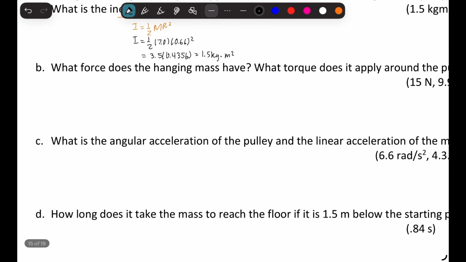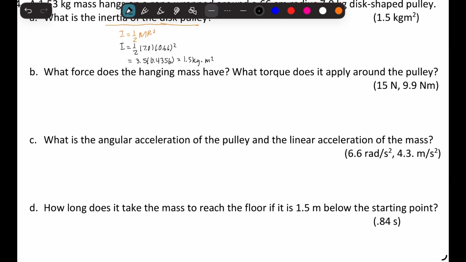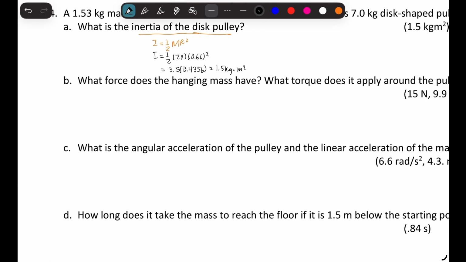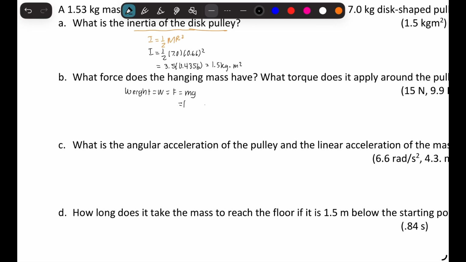Now, what force does the hanging mass have? What torque does it apply around the pulley? So, we know that the weight is always going to equal mg. So, we know that the mass was 1.53, and our gravitational constant 9.8.